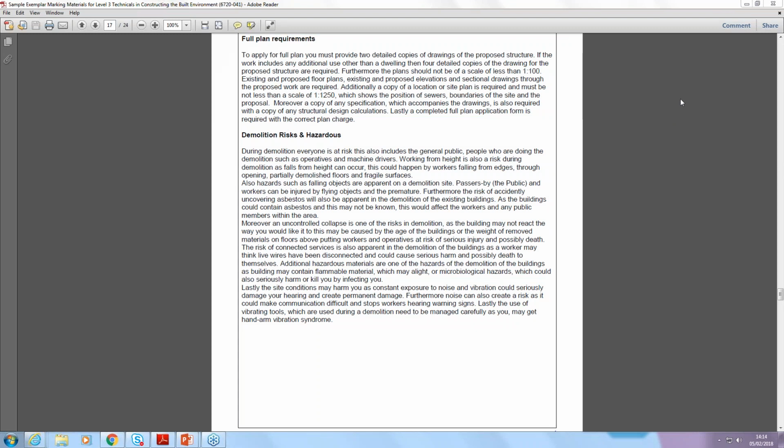I think the other point we just picked up then was they just made a comment. It says, "The risk connected to services is also apparent in the demolition of buildings, as the worker may think about the live wires being disconnected," etc. But I think, again, it's a really surface level comment, and perhaps they could have spoken about where I would go to get that information from: the electric board, the water board, what paperwork I need to fill in for somebody to come and disconnect it, and what kind of time periods would be involved.